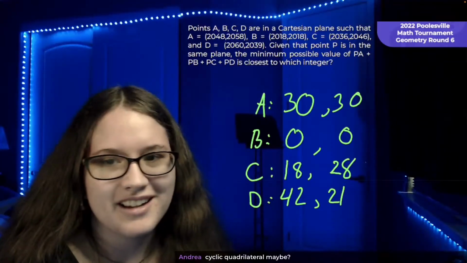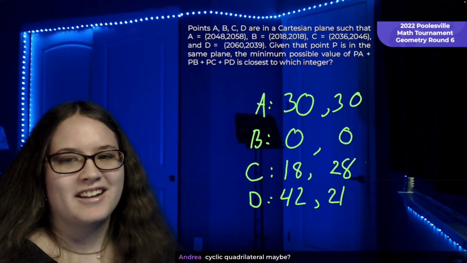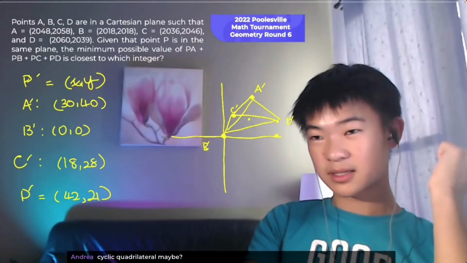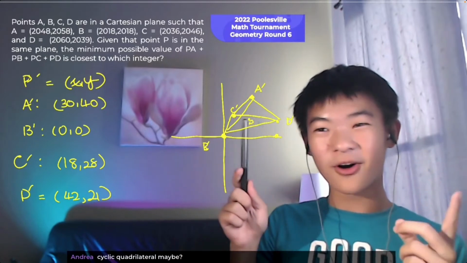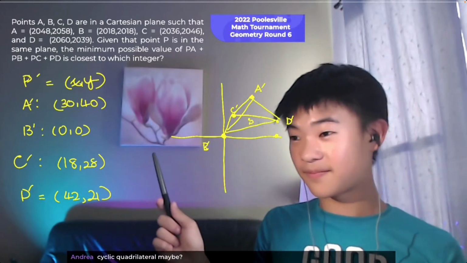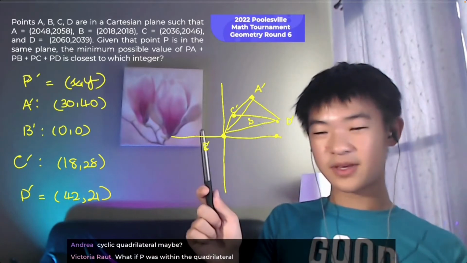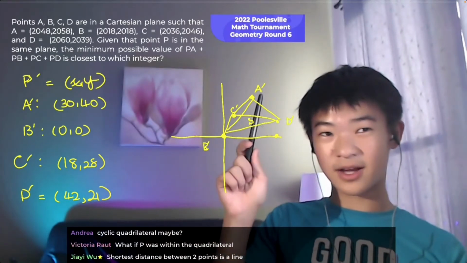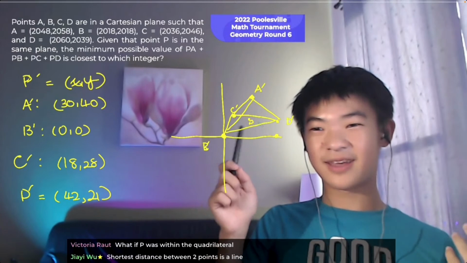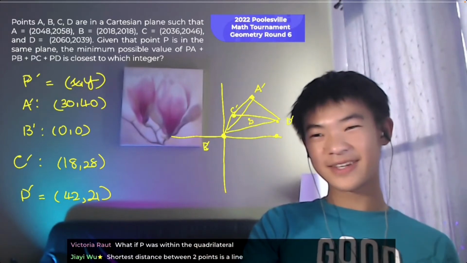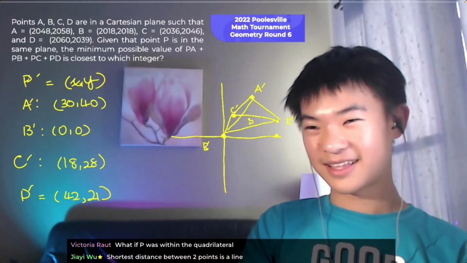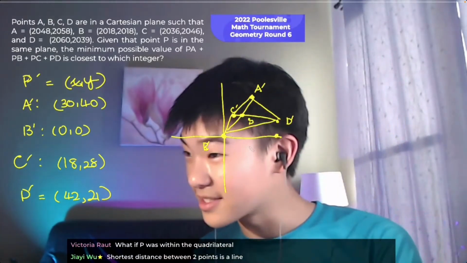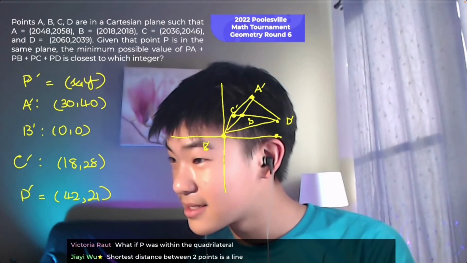I think it might be, because if P is anywhere else, then PC prime plus PD prime will always be greater than C prime D prime. And then PB prime plus PA prime will always be greater than A prime B prime. And since we know we can achieve A prime B prime plus C prime D prime, then that must be the smallest, right? I think so.